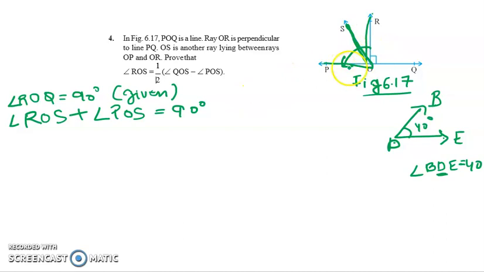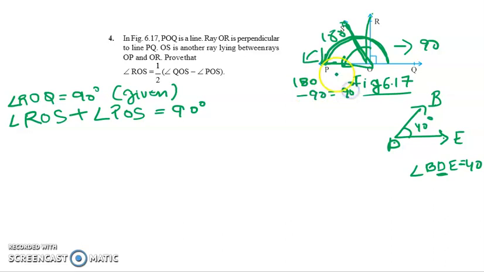Why? Because this is a linear pair. This whole is a linear pair, and this whole is a linear pair. This means the total sum of the angles will be 180 degree. So if this is 90 degree, how much will be this angle? So this will be 180 minus 90, which is equal to 90 degree, right?